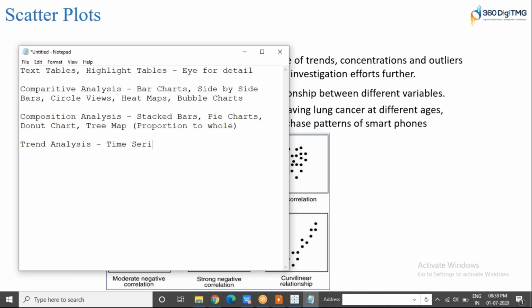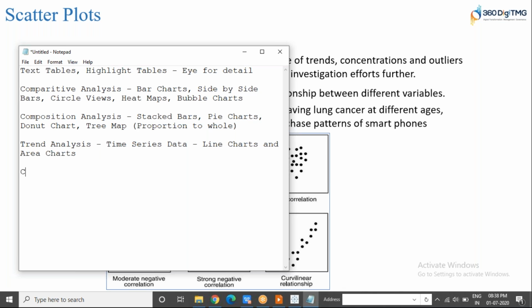Whenever we have time series data, line charts and area charts will come in very handy.